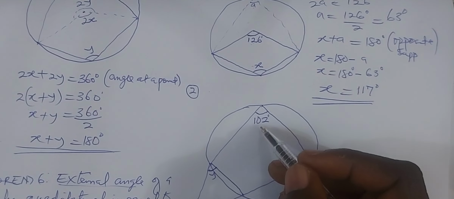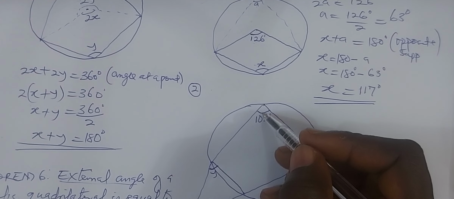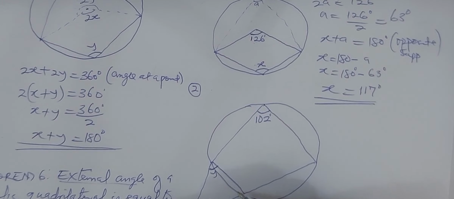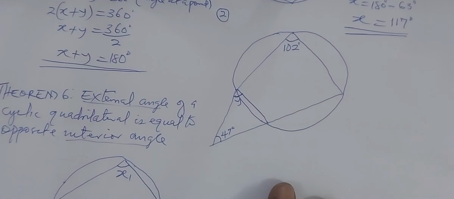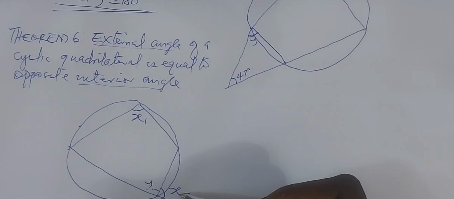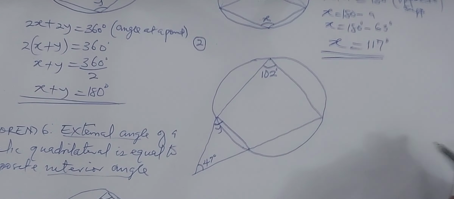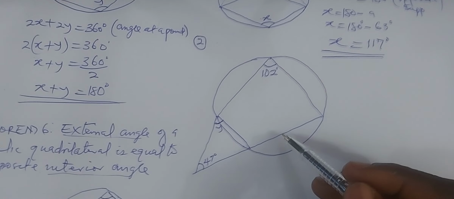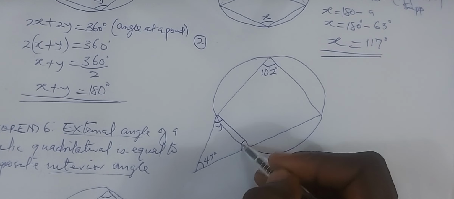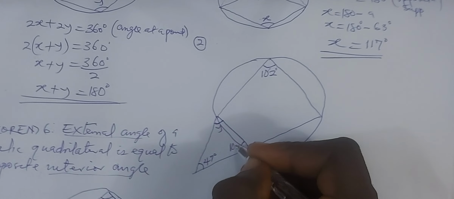So from here now, the last rule will prove that the exterior angle of a cyclic quadrilateral is equal to the opposite interior. See, this is the theorem we've just proven, that x1 is equal to x2. So when you look at this, no matter how the diagram is turned, you still follow the same process, that exterior is equal to opposite interior. So this angle is equal to this angle, which is 2.